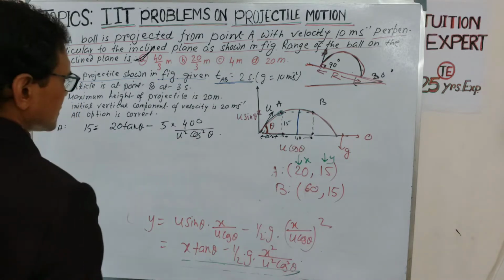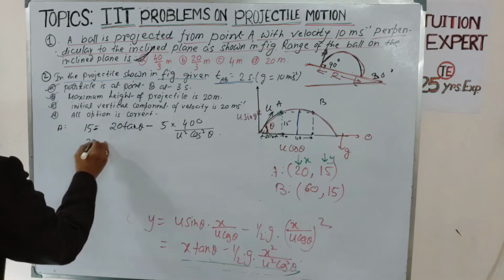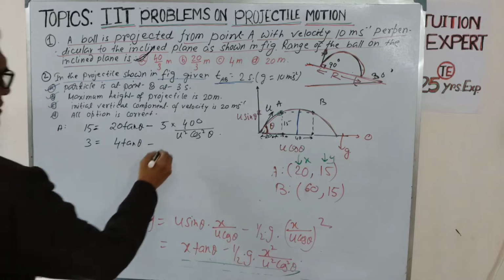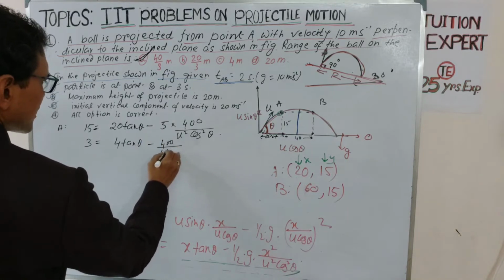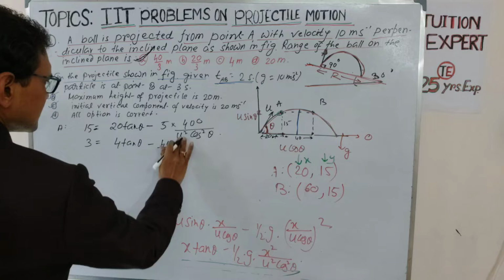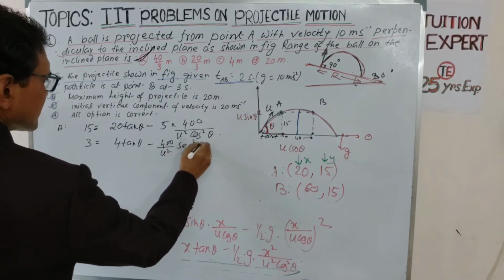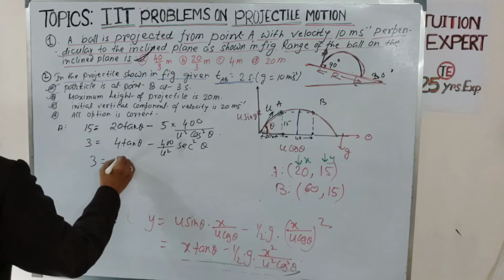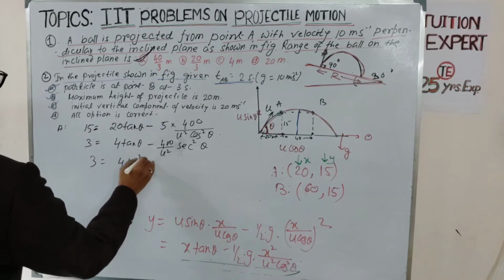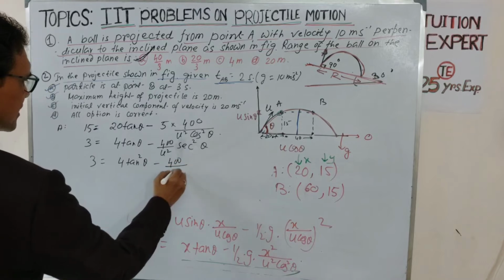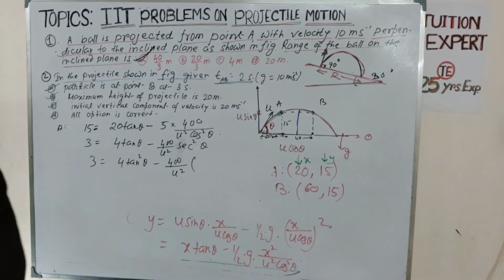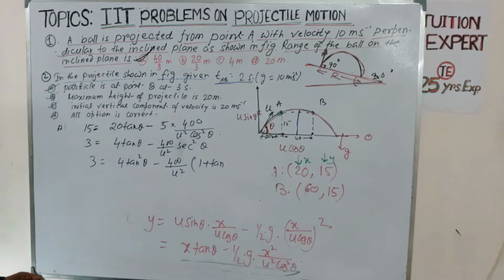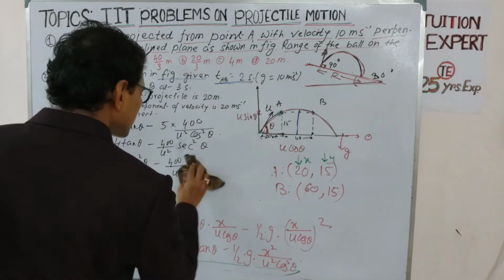Now cancelling 5 from both sides, 3 equal to 4 tan theta minus 400 by u square cos square theta, means sec square theta, and sec square theta means 1 plus tan square theta. Or you can keep sec square theta.